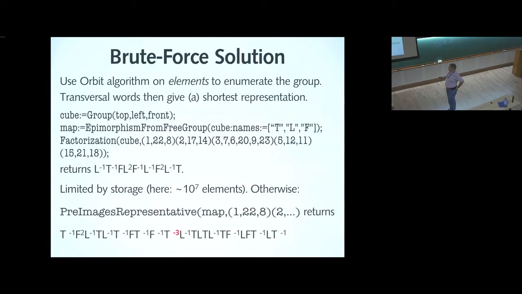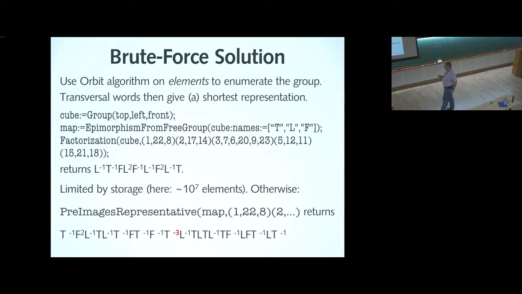So we would construct the group from these 3 permutations. Because we want to represent it as a word, we take a homomorphism from a free group to the cube, and I want to call the generators of the free group T, L, and F. And then I can ask for factorization of some permutation in the group, and it would give me the word.